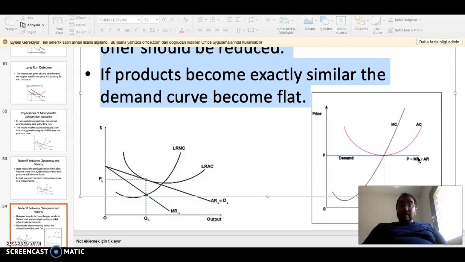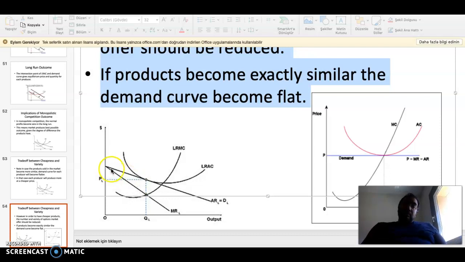On the other hand, if people think that cars are very different from each other, so if I want to buy a BMW, I want to buy a BMW and nothing else, then the demand curve will be steeper, because BMW is not replaceable. Even if the price is high, I will buy the BMW, not another car.